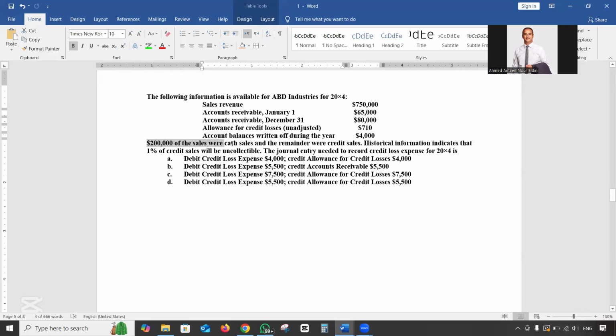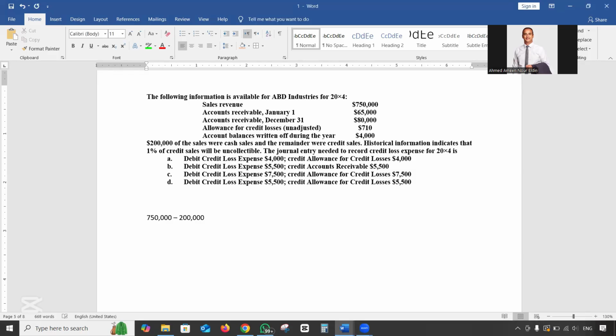200,000 of the sales were cash sales, which means the sales revenue of 750,000 includes 200,000 in cash. If we sell inventory for 750, of which 200,000 were cash, then 550 of my sales will be credit sales.